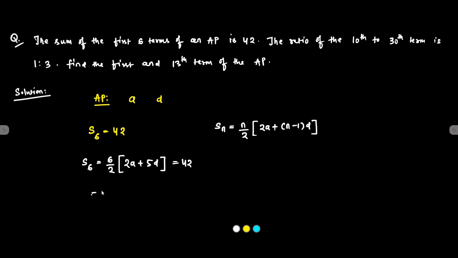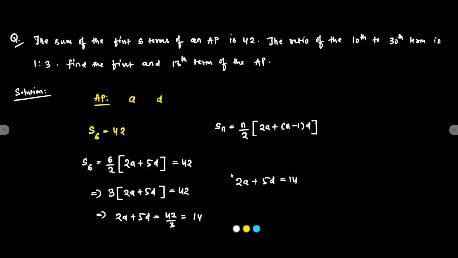That implies 3 into 2a plus 5d is equal to 42. That implies 2a plus 5d is equal to 42 by 3, which is equal to 14. 2a plus 5d is equal to 14. This is the first equation which we are going to use.